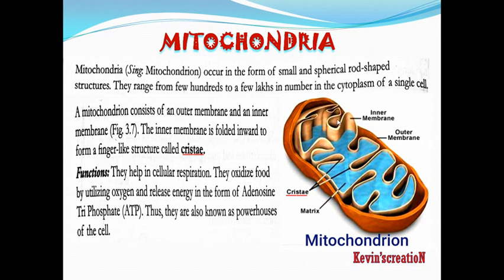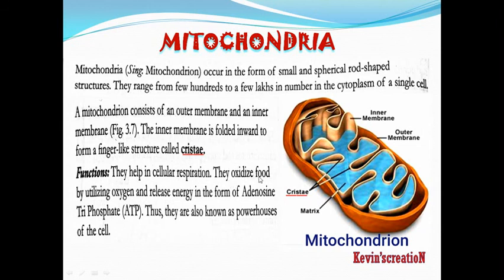So mitochondria is a double-membrane structure, outer membrane and inner membrane. Inner membrane is folded to form cristae. And what is cristae? These are the finger-like structures. Function: they help in cellular respiration. That means respiration takes place inside the cell in mitochondria, and what they do?